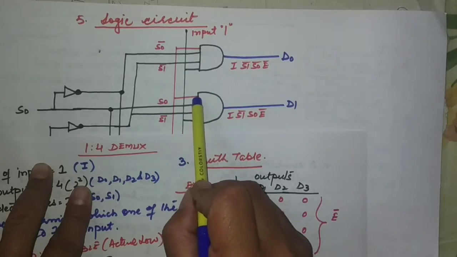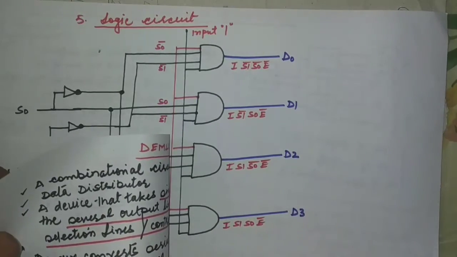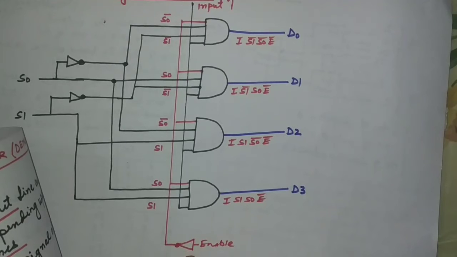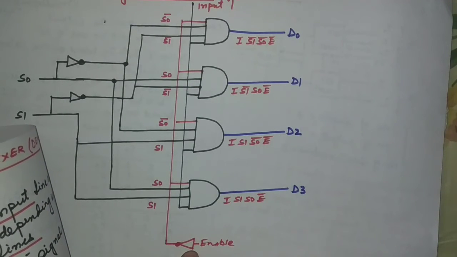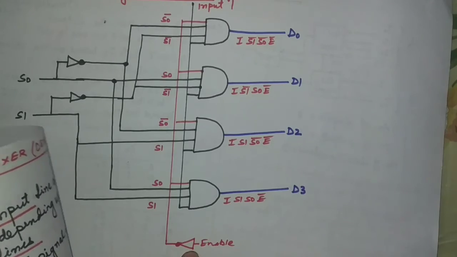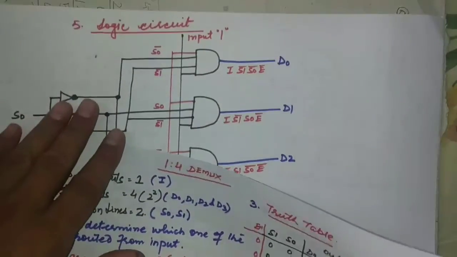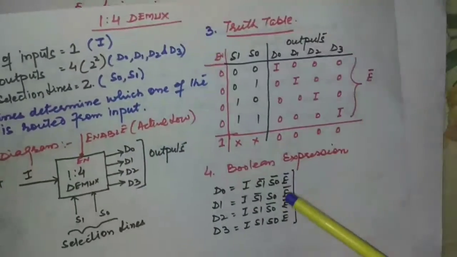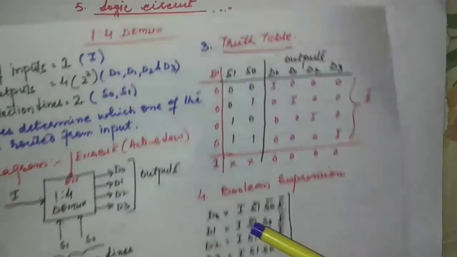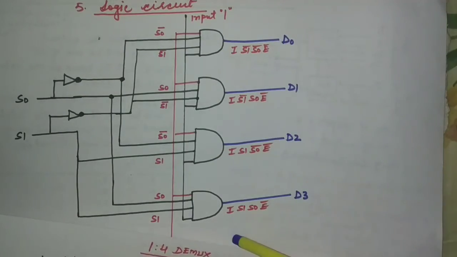This red signal is enable, which is active low. So these are the outputs and the circuit diagram based upon the Boolean expressions.